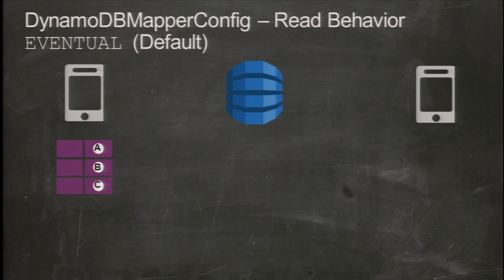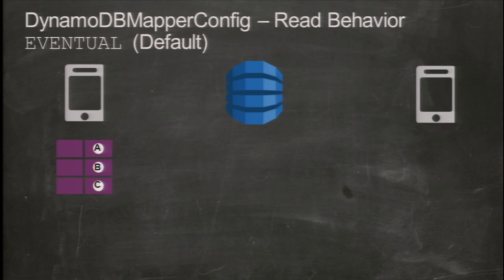In addition to being able to change the save behavior, we can also change the read behavior. The default behavior is eventual. Eventual consistency is hopefully a term that you're familiar with from distributed systems. It basically just means that it takes some amount of time for data to reach rest at all of the nodes in the system.